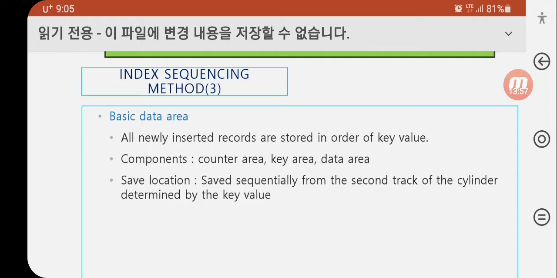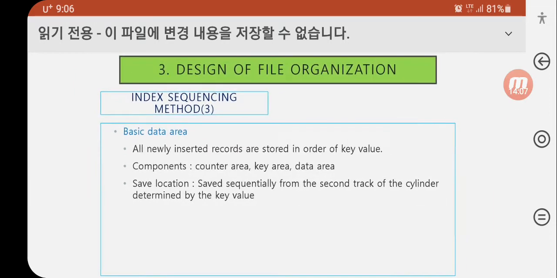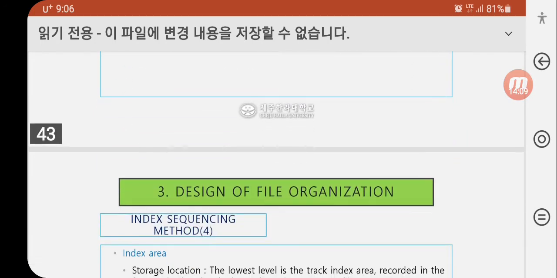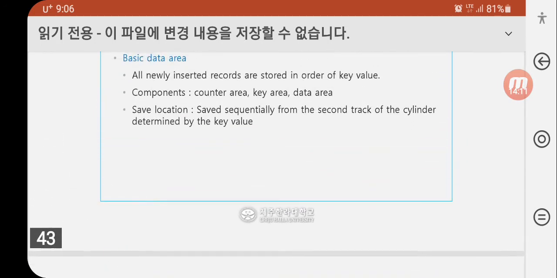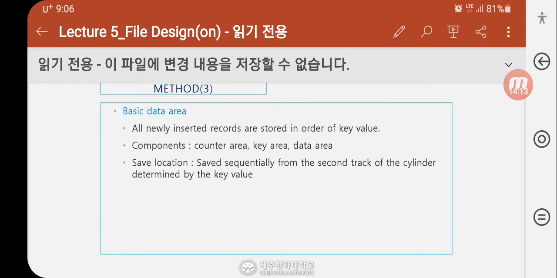All newly inserted records are stored in order of key value. Basic data area save location is sequentially from the second track of the cylinder, determined by the key values.